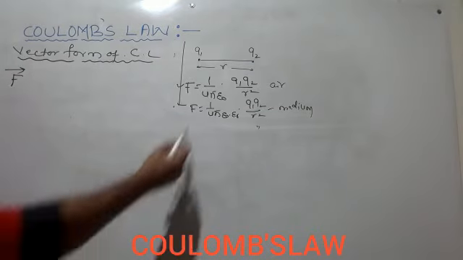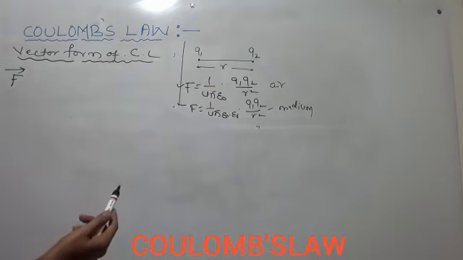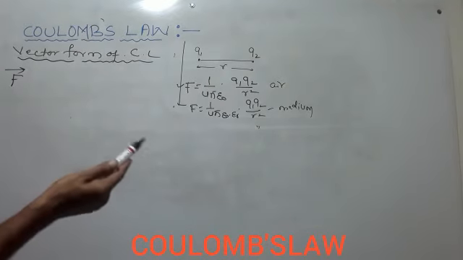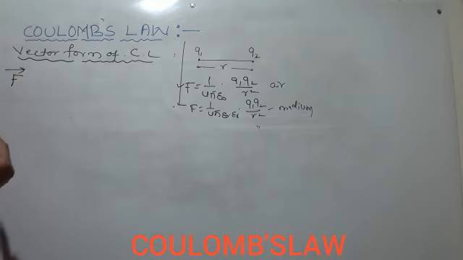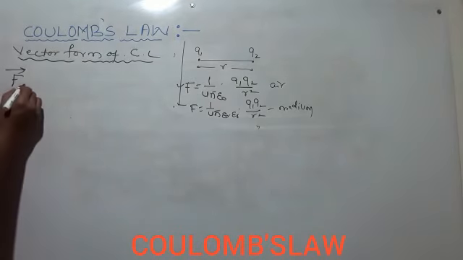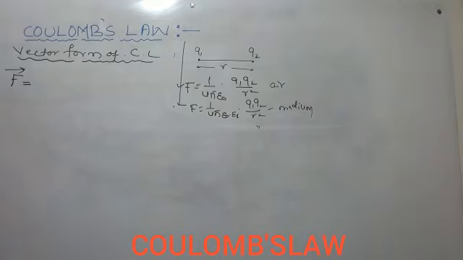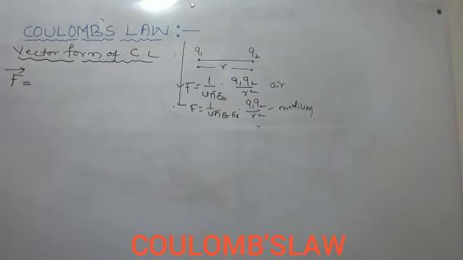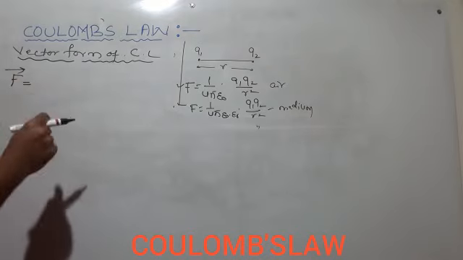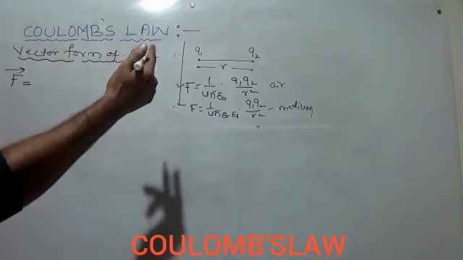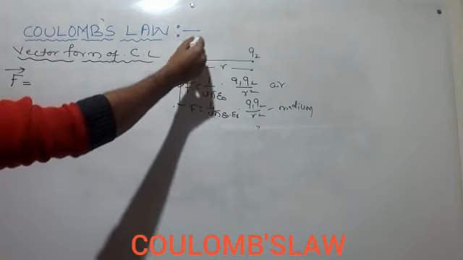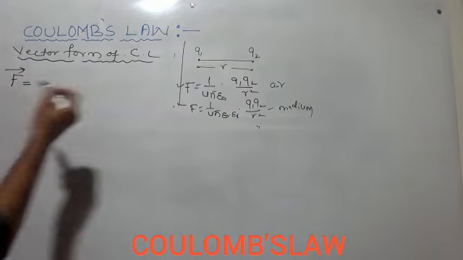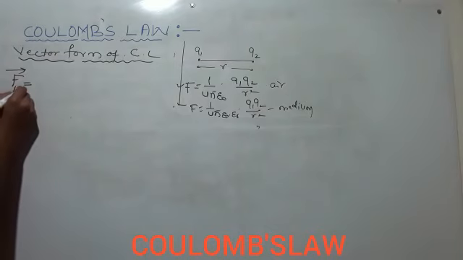That is, if you see this equation, you cannot guess whether force is acting by Q1 on Q2 or by Q2 on Q1. For that, let us have this vector form. Say this is the force which explains force by Q1 on Q2. If it is exerting force on Q2, then I'll write this as F12.